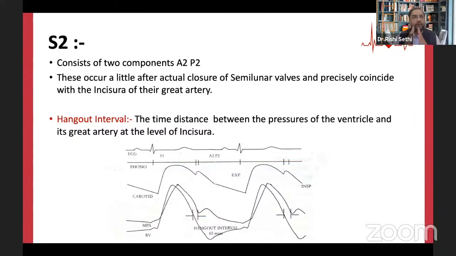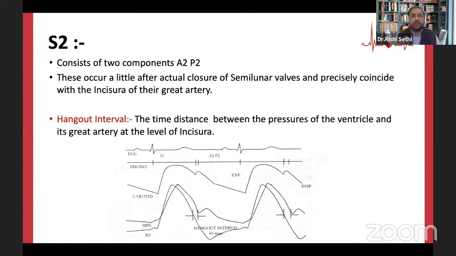So the hangout interval of aorta is less, so A2 will come earlier. While the expansile nature of the pulmonary artery is more, the hangout interval would be more, so P2 would be coming at a later period of time.